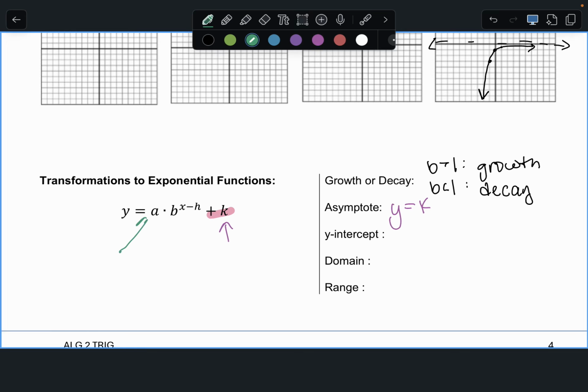A would change the steepness, so it would stretch or shrink, kind of on top of the base, because the base is also going to change the steepness a little bit and how fast it grows or decays. So A is stretch or shrink, and it could also flip it. So if there's a negative, it would reflect over the x-axis. Okay.